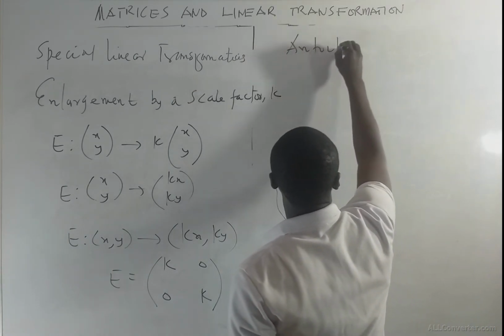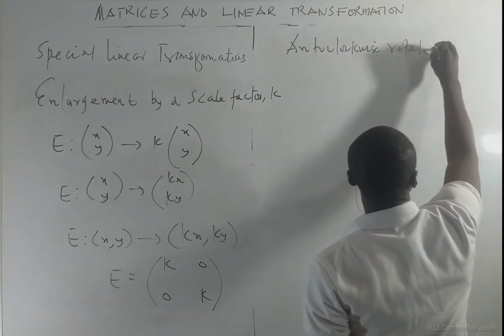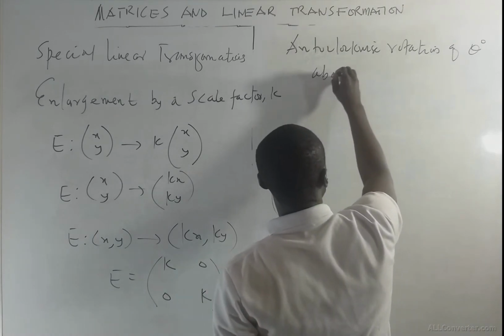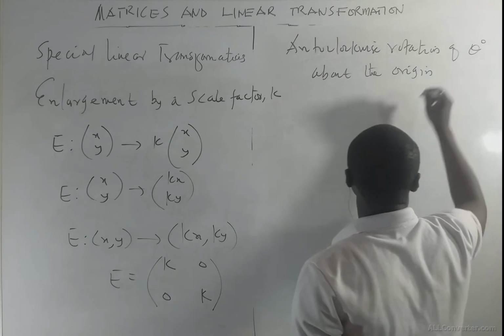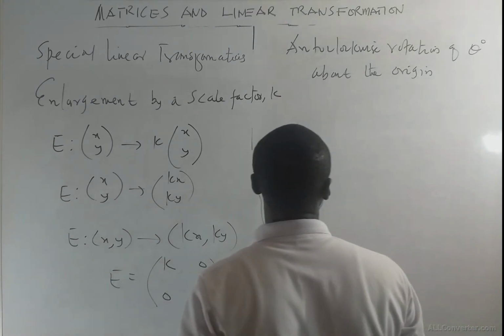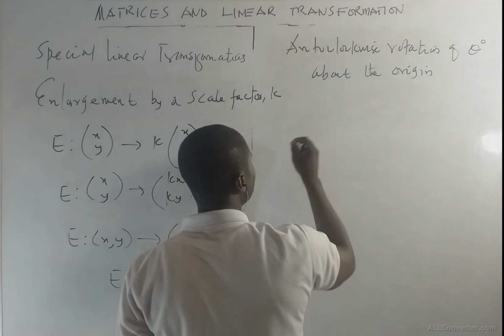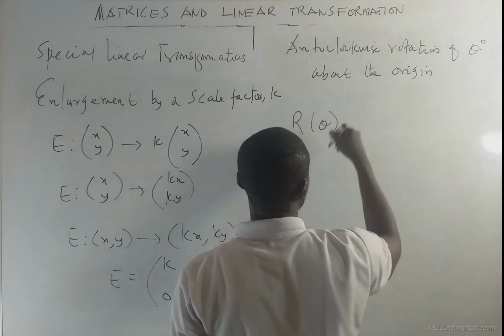Now, we also consider the anti-clockwise rotation of theta degrees about the origin. So we are also considering the anti-clockwise rotation about the origin, and that one is also given by R of theta, where theta is the angle.